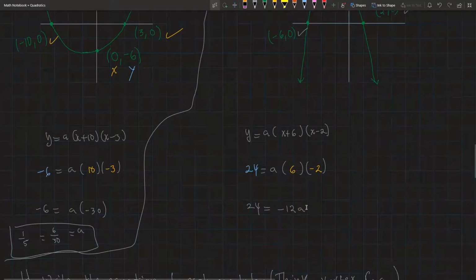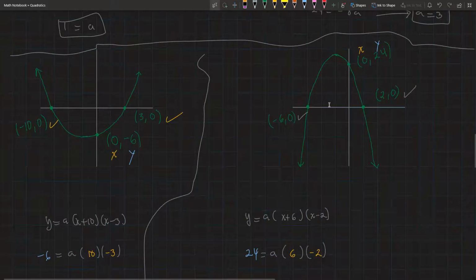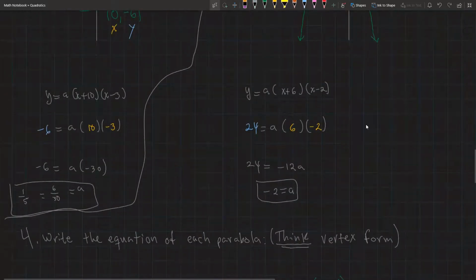A times negative 12 is the same as negative 12 times a. So therefore we know that dividing both sides by negative 12 gives us a value of negative 2. And look at that. That's exactly what we expected because it was curving downwards. That should make a lot of sense.